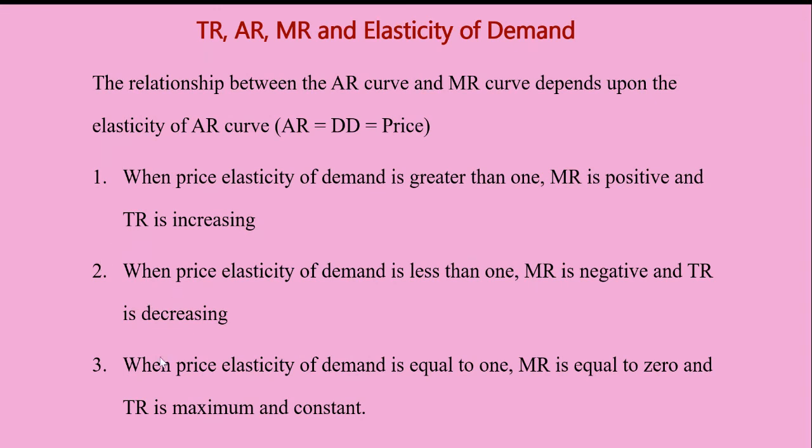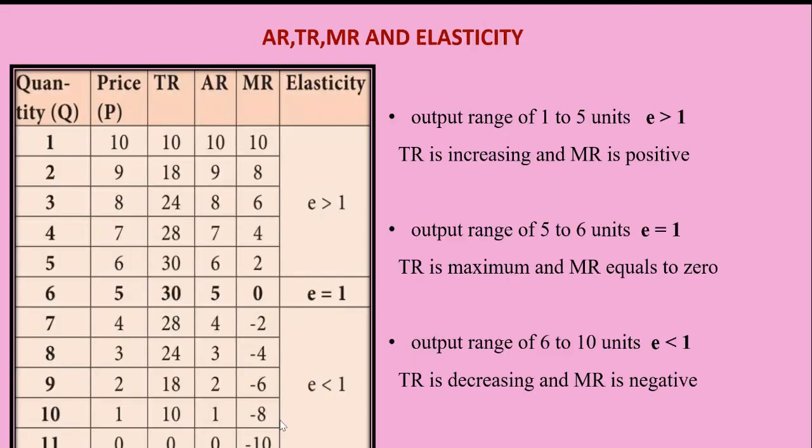When price elasticity of demand is less than 1, MR is negative and TR is decreasing. When price elasticity of demand is equal to 1, MR is equal to 0 and TR is maximum and constant. This is what is explained here.